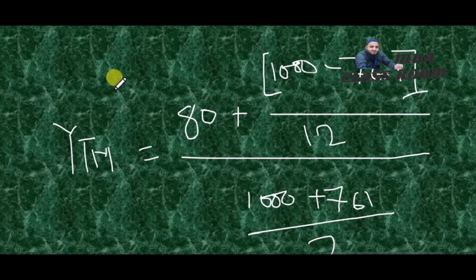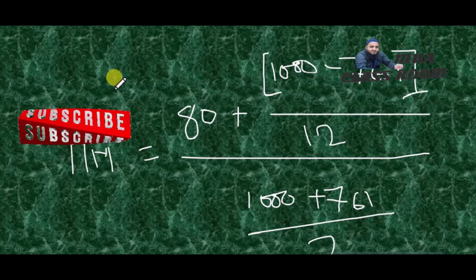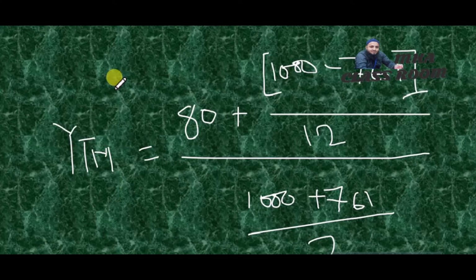Then we will see our coupon payment 80 taka per year plus MV, maturity value 1000, minus current market price 761 divided by 12, divided by 1000 plus 761 divided by 2.